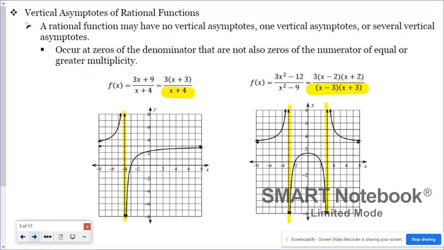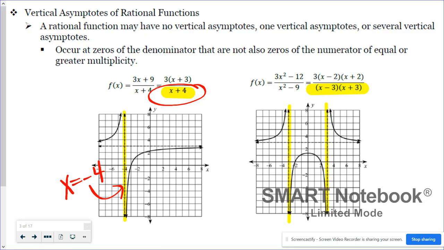When I look at the graph, there is a vertical asymptote right here at x equals -4. And when I look at my function, I see x plus 4, right? Where else in my function could they be getting this -4 from? Okay.